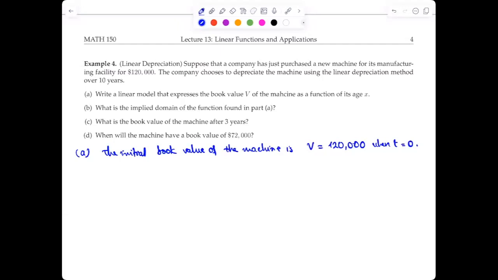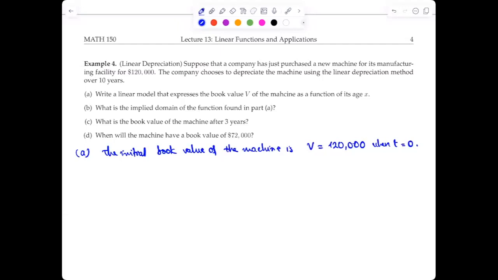Now, after 10 years, what is the value of the machine going to be? We're going to make this assumption, okay? The value is going to be equal to 0, with no more value at all after 10 years.